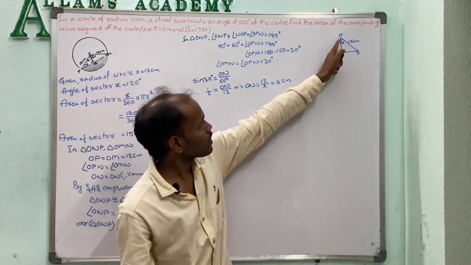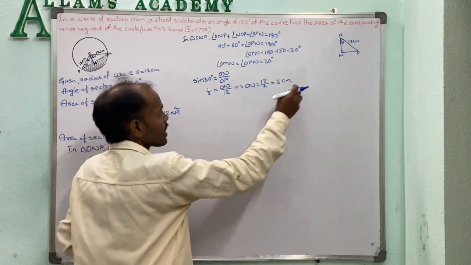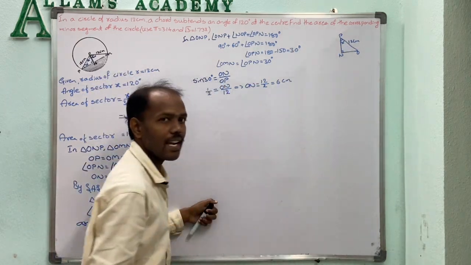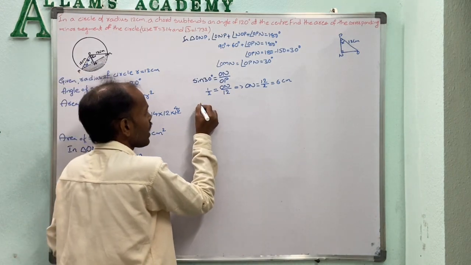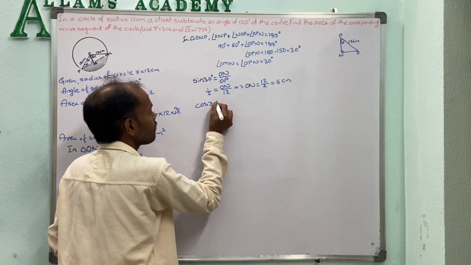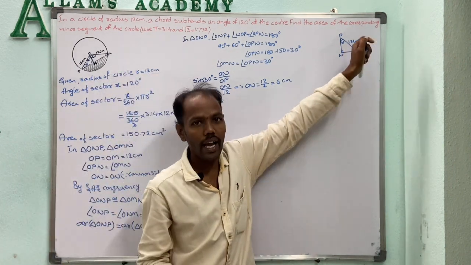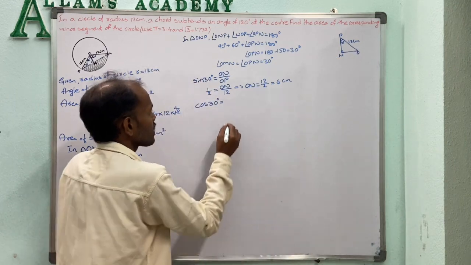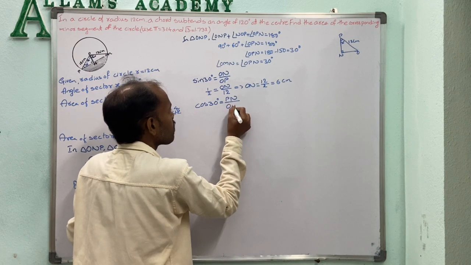Now finding the height length PN. For the adjacent side we use cos. So cos 30 degrees equals adjacent side by hypotenuse, so adjacent side PN by hypotenuse OP.